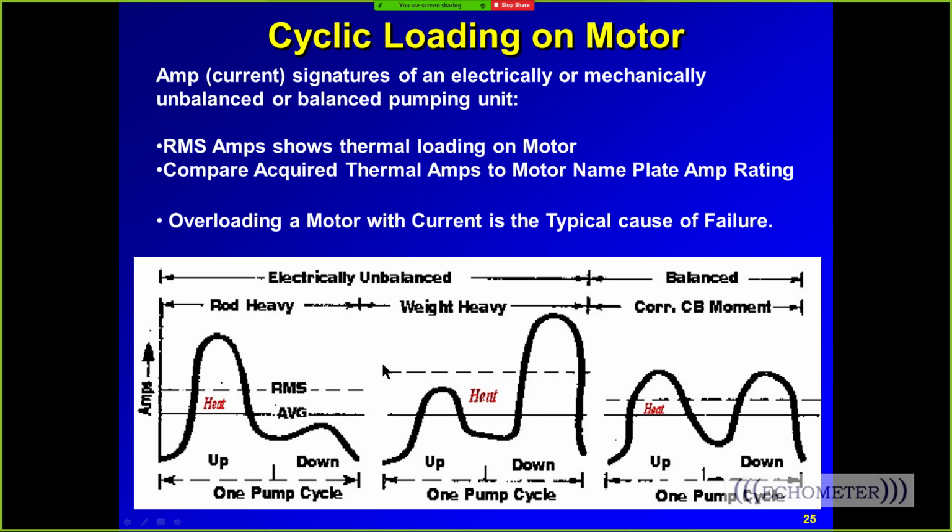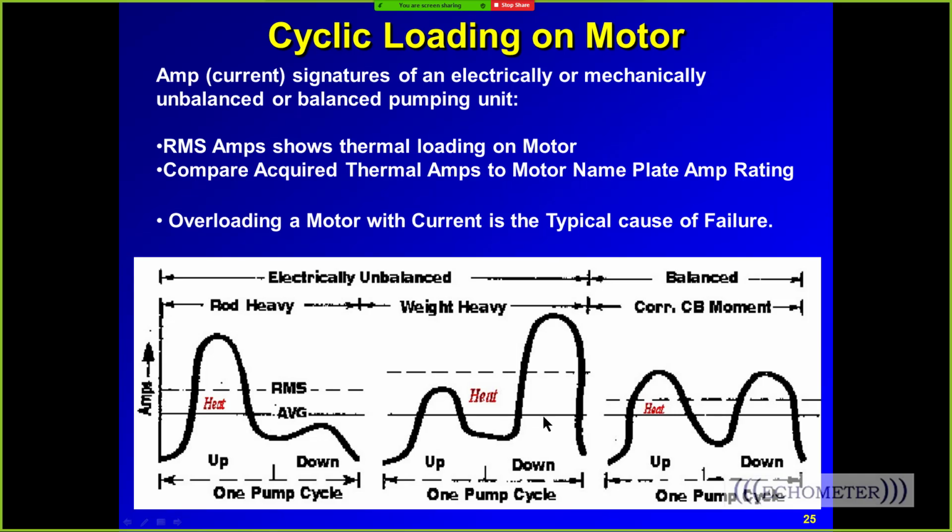Now, here, this is the same plot as before, but now I'm talking about average current compared to RMS current. And when you're in balance, look, the average current compared to the RMS is the minimum. That means you have the least amount of energy lost to heat. When you're out of balance, the RMS is squaring all these values, summing them up, taking the average and then taking the square root.